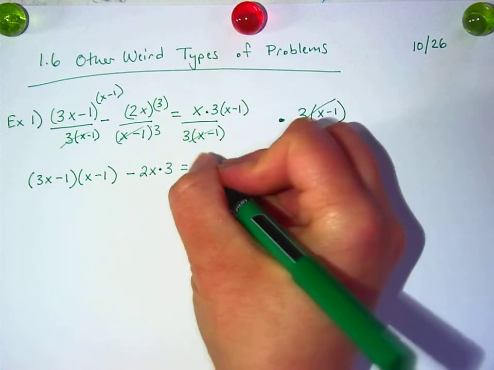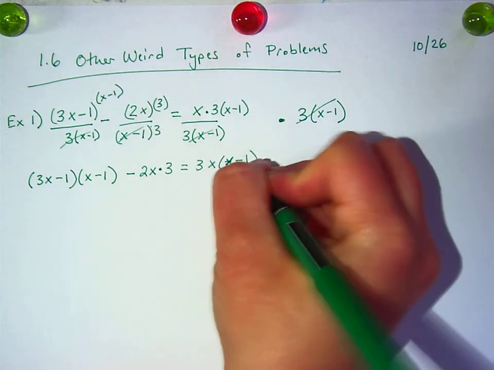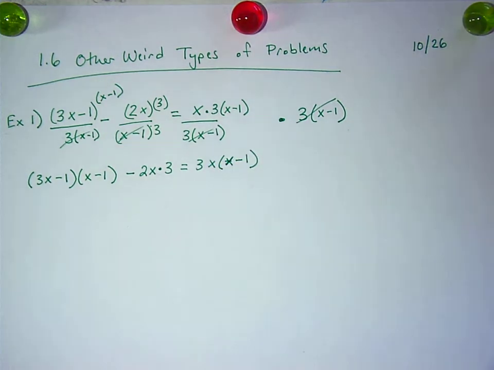Let's see, 3 times x is 3x. All right, now that problem is not so hard. We can do that, I think.